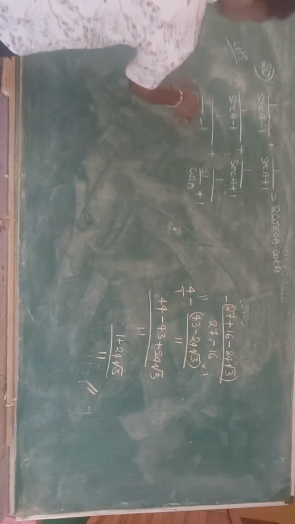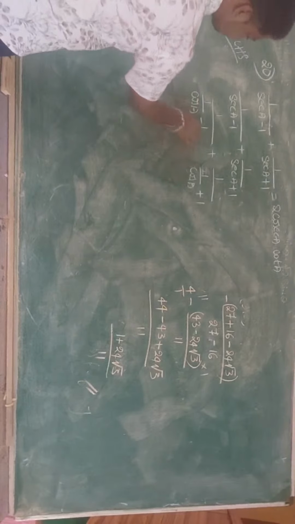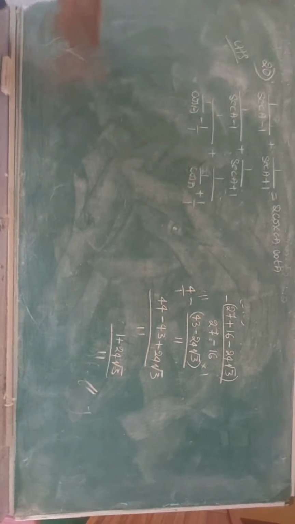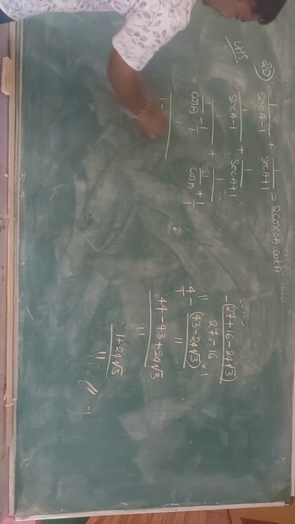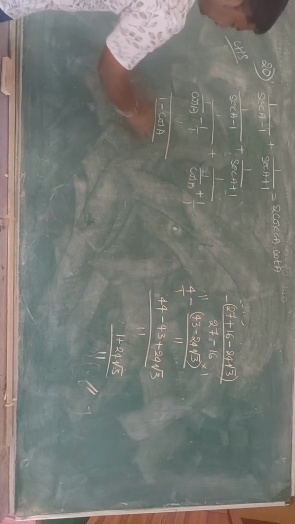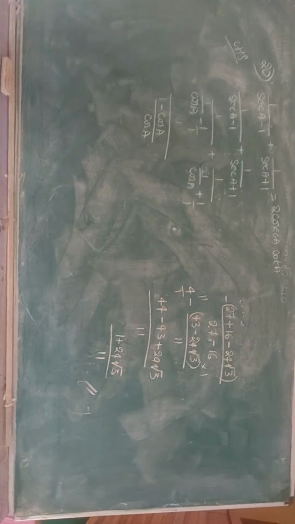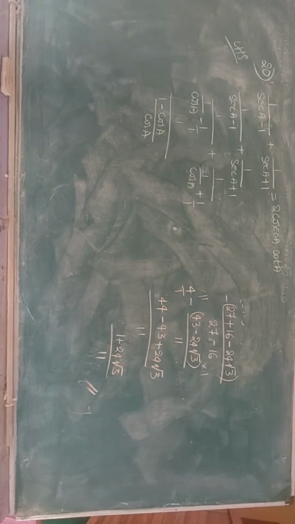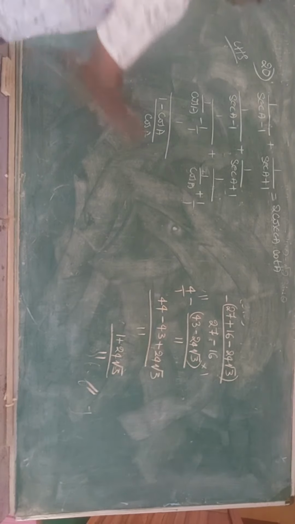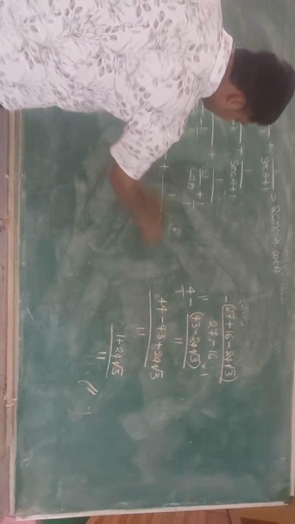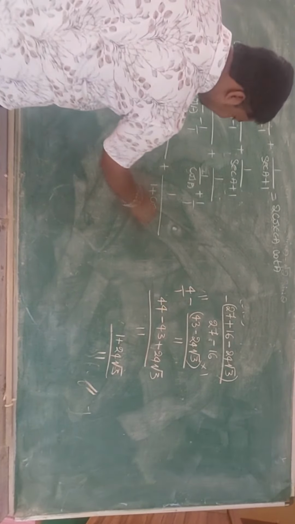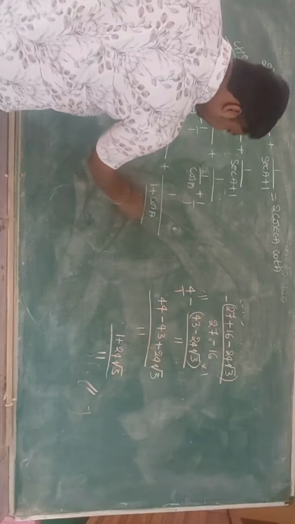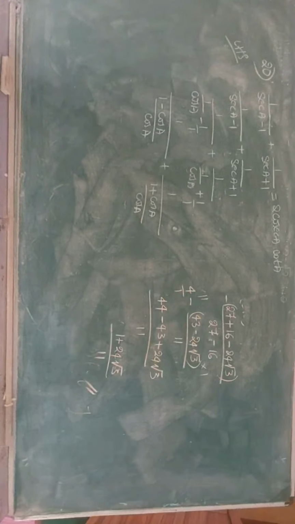Here it is cos A and here it is cos A, and 1, 1. So LCM is 1. 1 upon (1 minus cos A) divided by cos A, am I right? 1 upon (1 minus cos A) divided by cos A, plus 1 whole divided by (1 plus cos A) divided by cos A. Am I right?